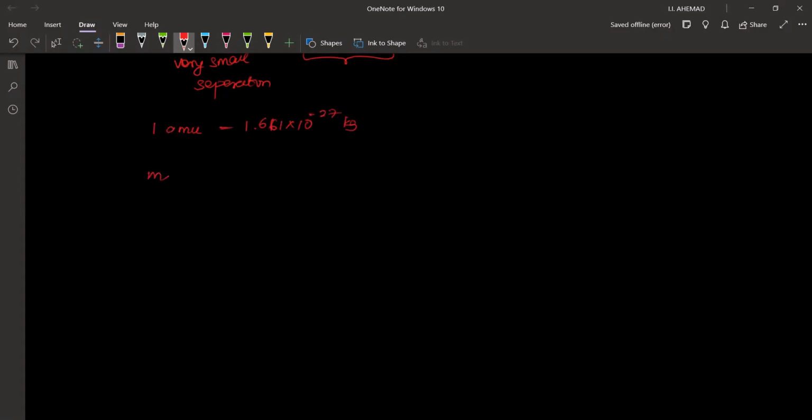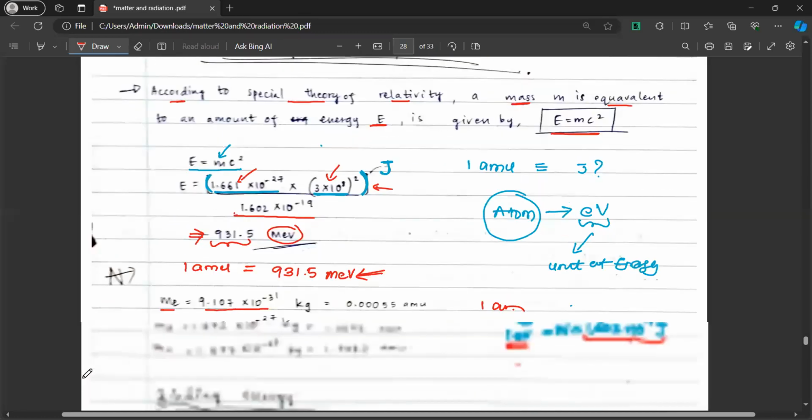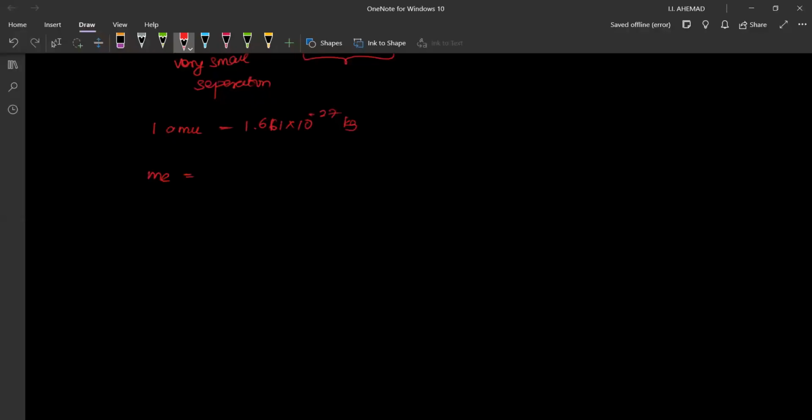Then the mass of electron, we know it's 9.107 into 10 to the negative 31 kilogram.